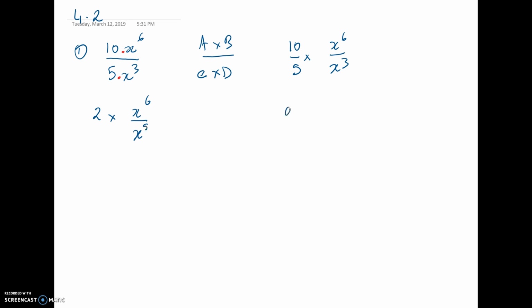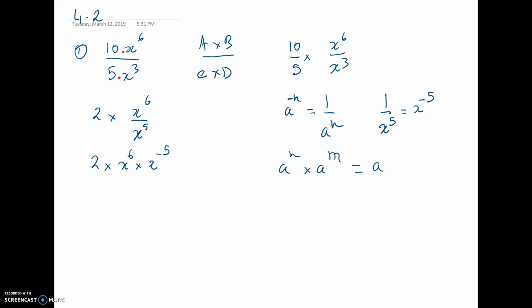Now, if I remember that a to the negative n equals 1 over a to the n, that implies that 1 over x to the 5 equals x to the negative 5. So now I end up with 2 multiplied by x to the 6 multiplied by x to the negative 5. And I know also that a to the n multiplied by a to the m is equal to a to the n plus m.